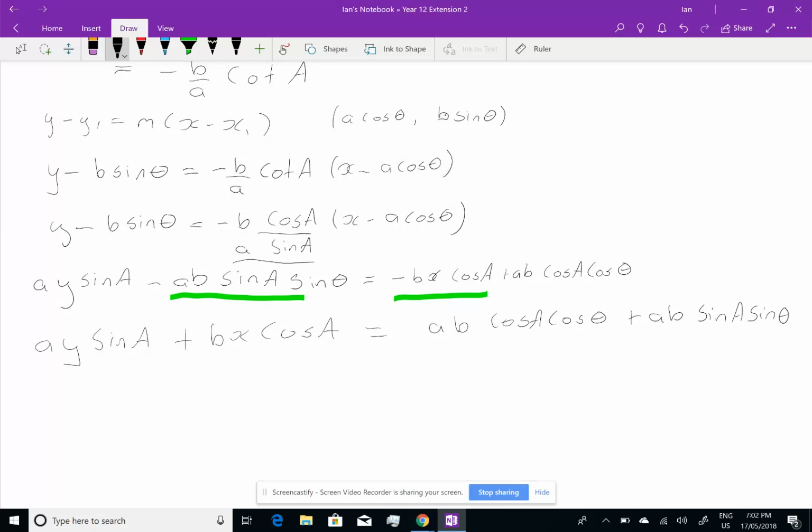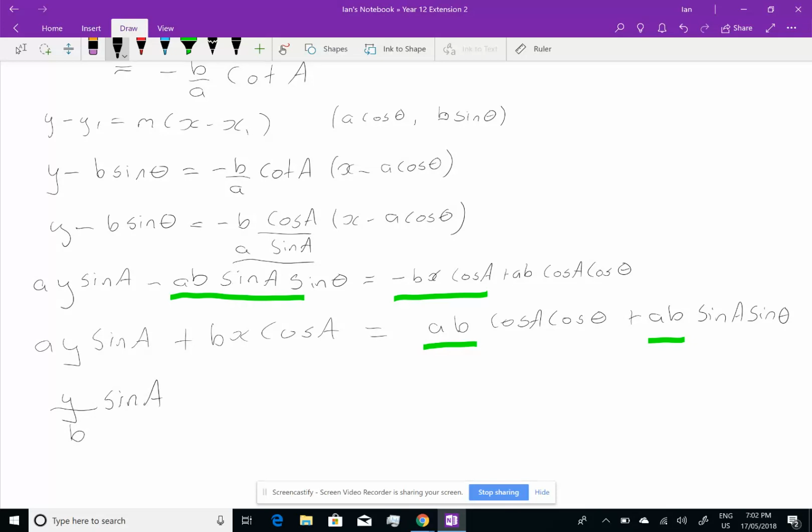Now, I'm going to divide everything by ab. What happens if I divide this by ab? The a will cancel, so I'm going to get y on b sine A.